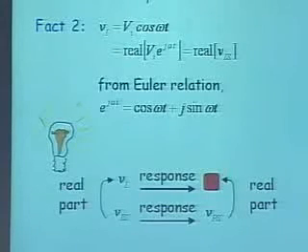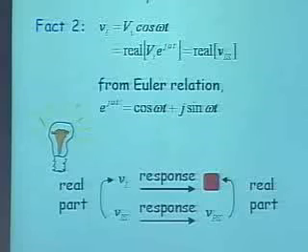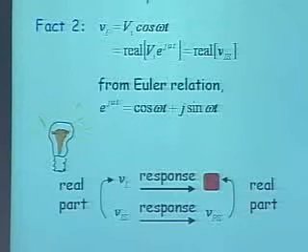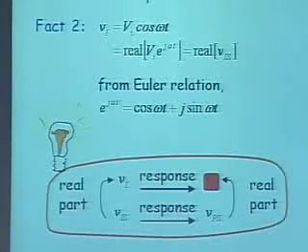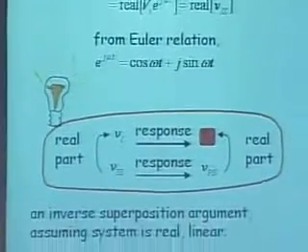So if we have a real linear circuit, okay, for a linear circuit, if the real part of this gives me VI, then the real part of the solution should give me VP. So computing VPS was easy. So if I take the real part of this, I take the corresponding real part of this. Okay? So this is sort of an inverse superposition argument.